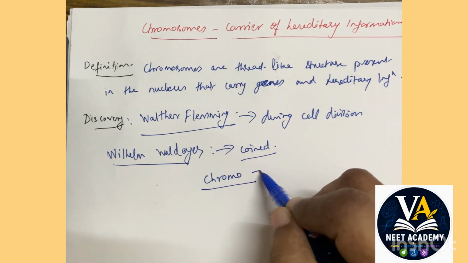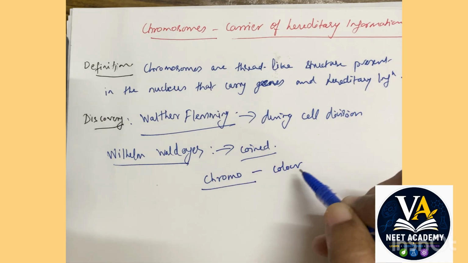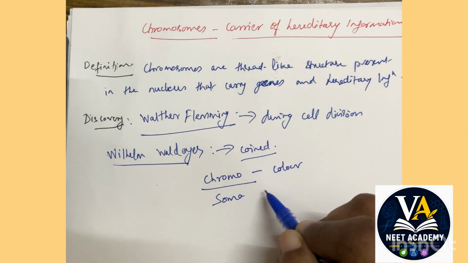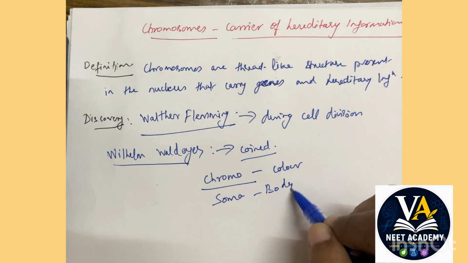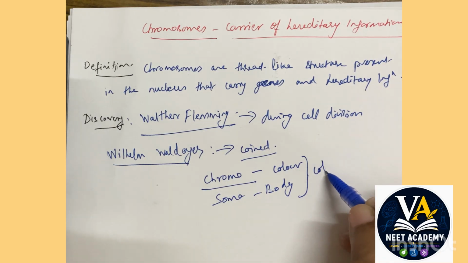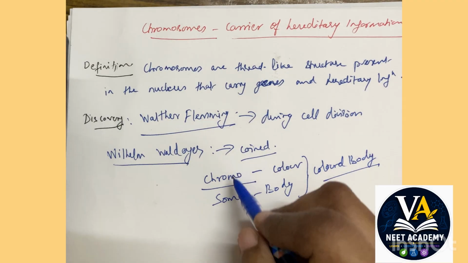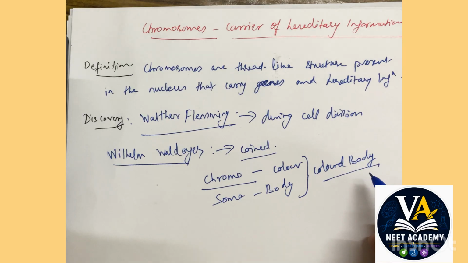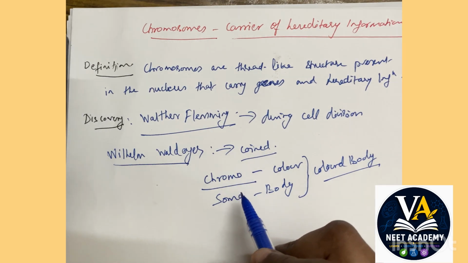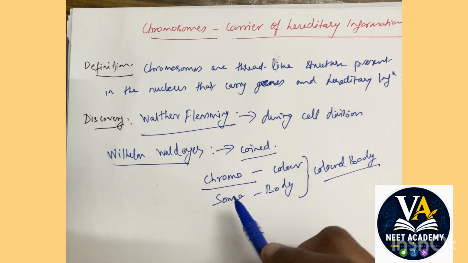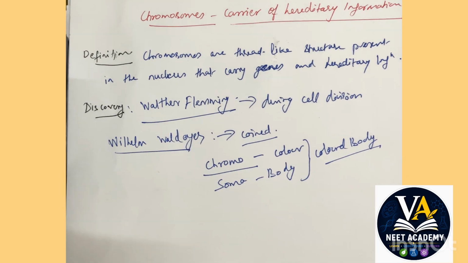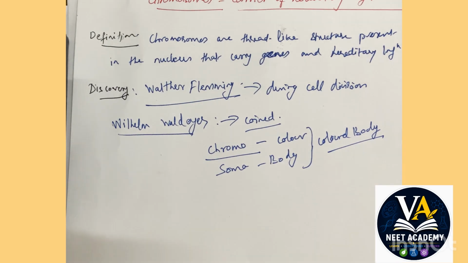Chroma means color and soma means body, so together it is a colored body that strongly stains with the dye. This is how he coined the term chromosome for the genetic material present inside the nucleus.